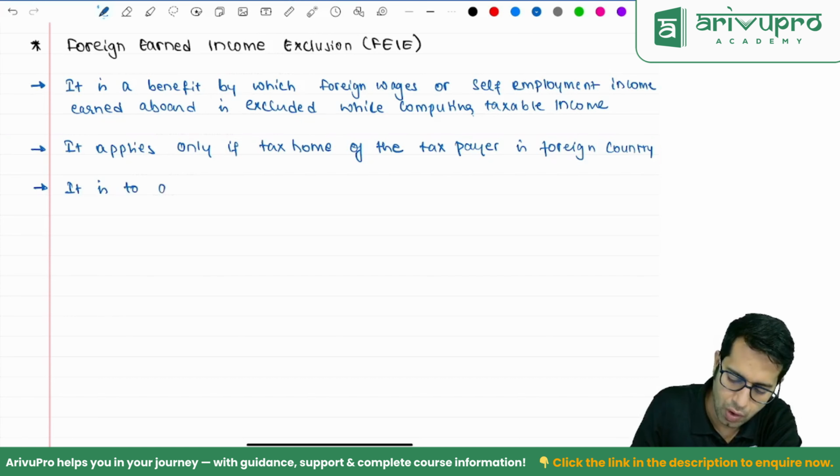So those who are working outside their country, and to make sure that there is no double taxation happening, this benefit is given to them.